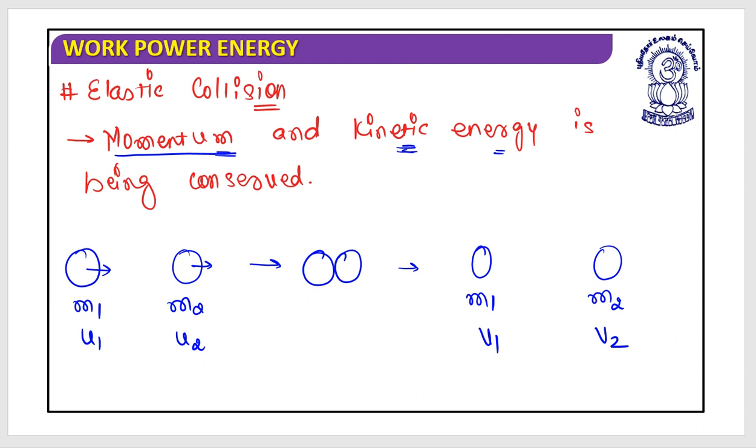Now let's talk about the kinetic energy. When an elastic collision is there, look at this moment when they are colliding. There could be a certain change in shape. So kinetic energy is conserved over here, kinetic energy initial equals kinetic energy final.